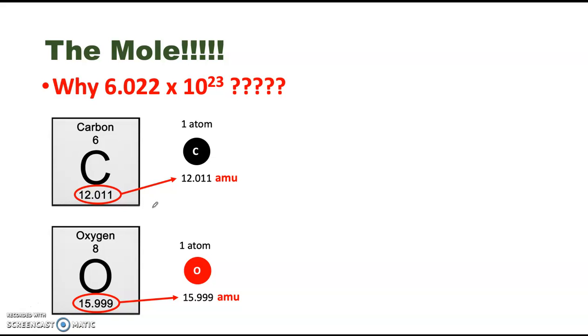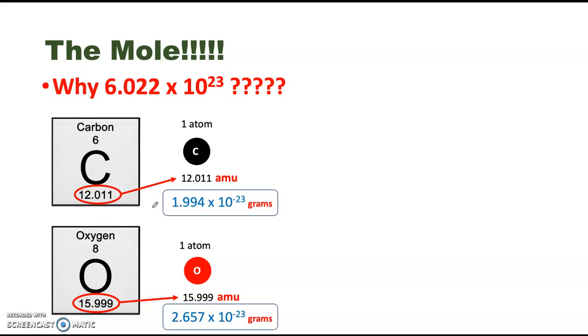But again, I told you already that we don't really ever work with a single atom of anything. And here's the reason why. This is how many grams a single atom of carbon weighs. So this is the mass of a single carbon atom. We got the mass of a single oxygen atom. And again, it's so small that it's not useful for the most part.